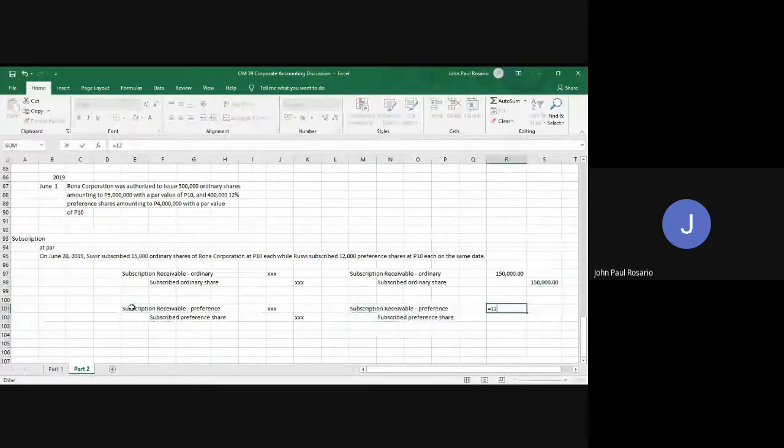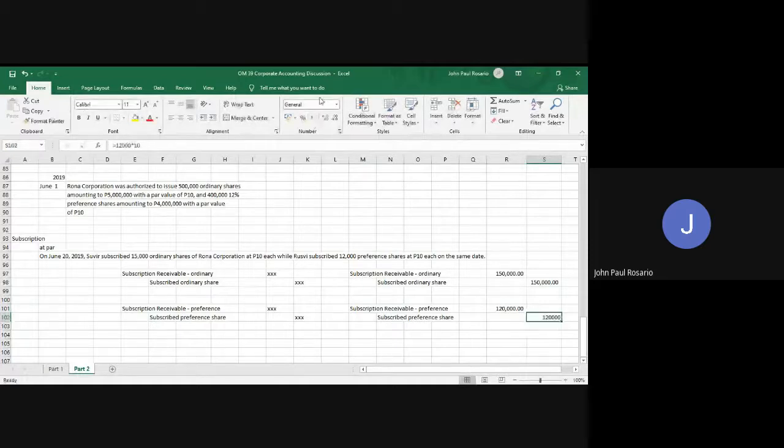The same happens here for the preference shares. So this will be 12,000 multiplied by 10 for the receivable, and for the credit, the 12,000 multiplied at the par value of the preference share.